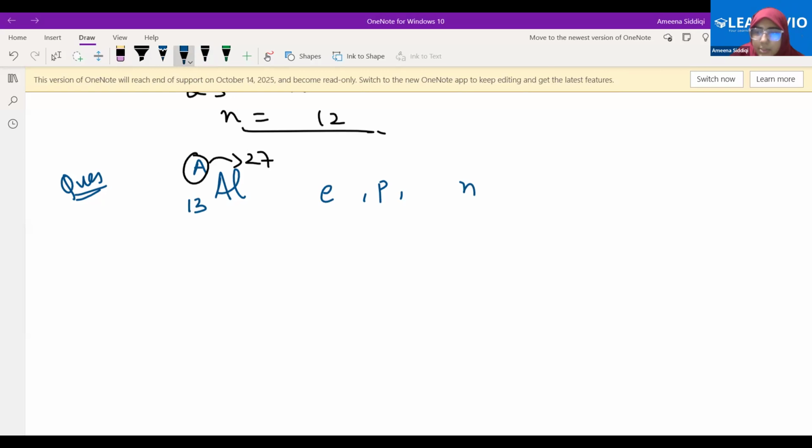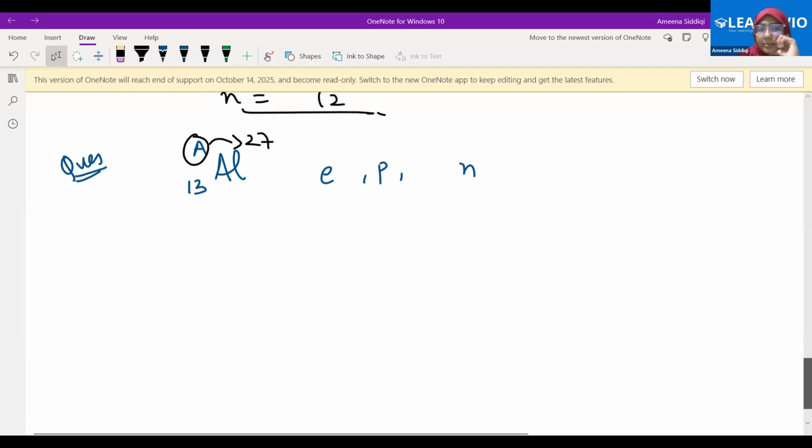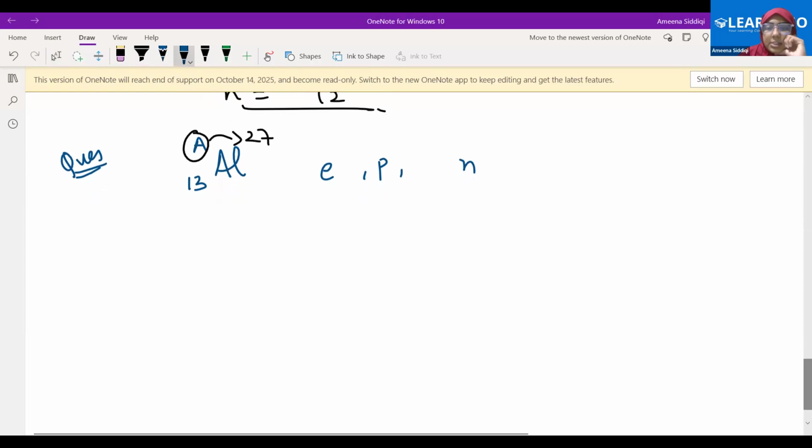Nikhil will tell me the answer first. Done. Look here. Electrons are 13.